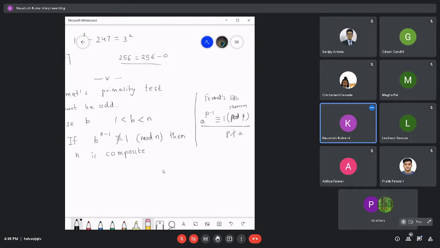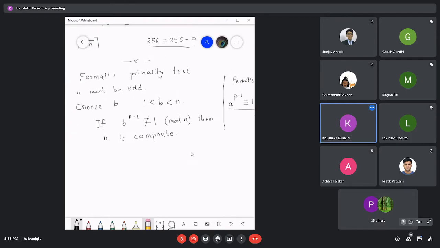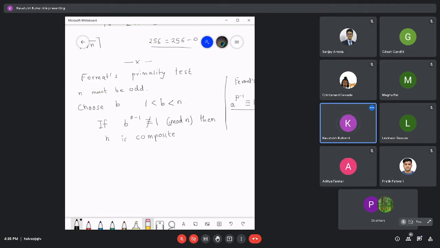Okay, so for example, we want to check whether 209 is prime. Now let's take b as 2.